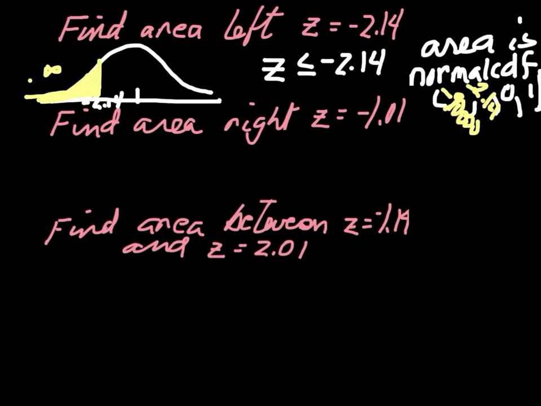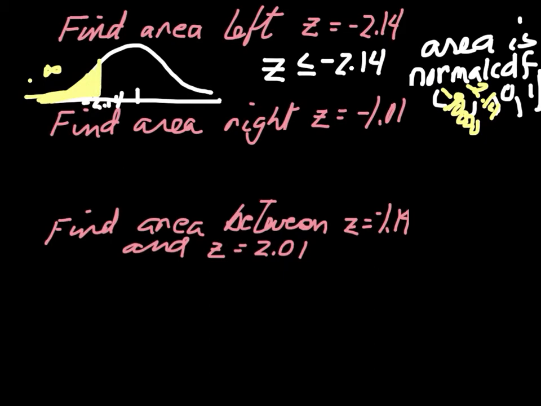And when I punch that out on the calculator, this is the real trick. You type negative 10,000, comma, negative 2.14, comma, 0, comma 1.